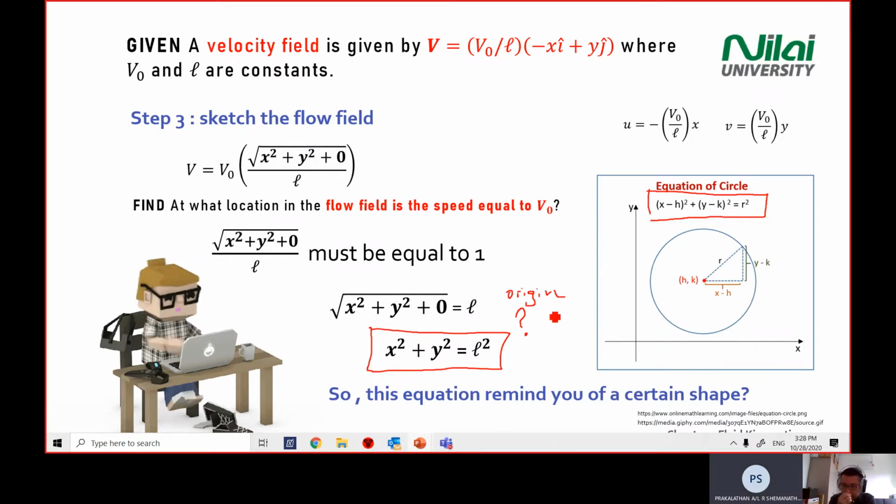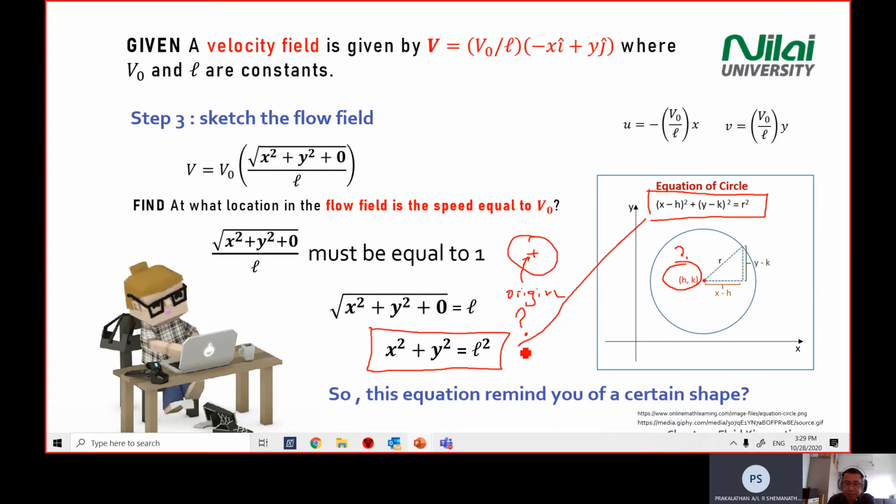Origin. Where will your circle land? Where is the center of the circle? If you compare this one and this one, what is the origin? What are your h and k?